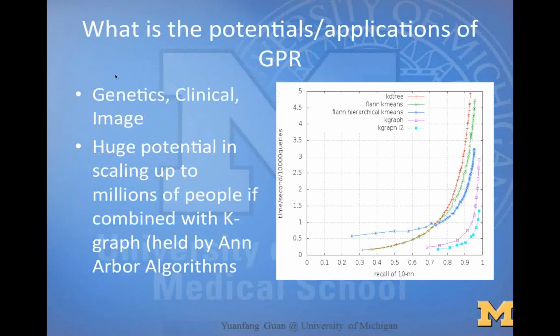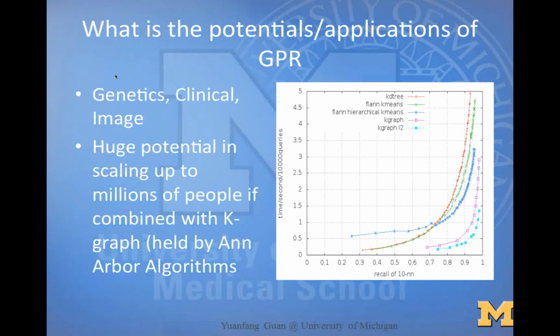So the potential of this GPR is huge. We have used it in the RA challenge on genetic and clinical data, and here on the image data. I think it has huge potential to scale up to millions of people because of the k-nearest neighbor properties inherited in this model. The fastest k-nearest neighbor algorithm, KGraph, currently held as a private business by Arbor, can achieve a searching speed of less than 0.5 seconds for 1,000 individuals.